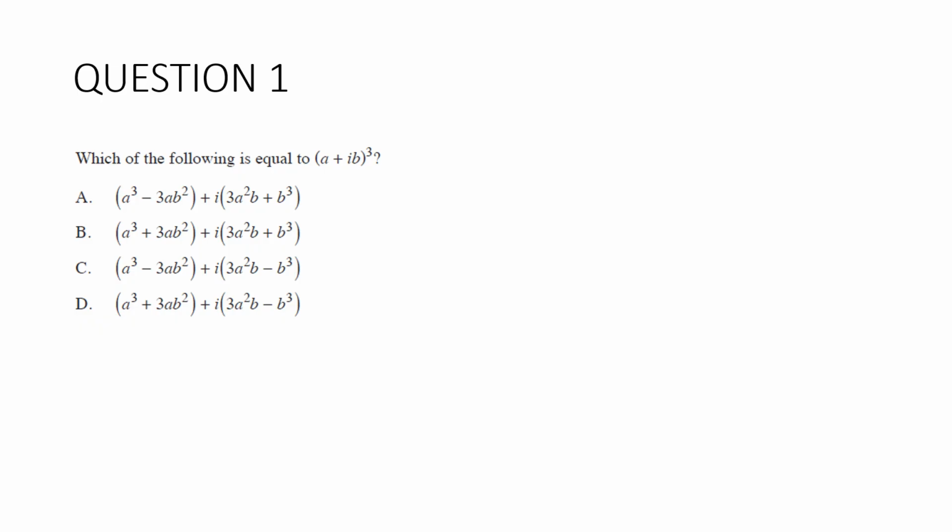Question 1, which of the following is equal to (a + ib) all cubed? Now, seriously, the easiest way to do this is just to expand out (a + ib) cubed, and we're just going to use binomial theorem.